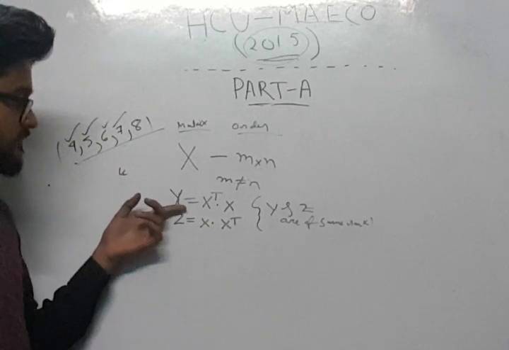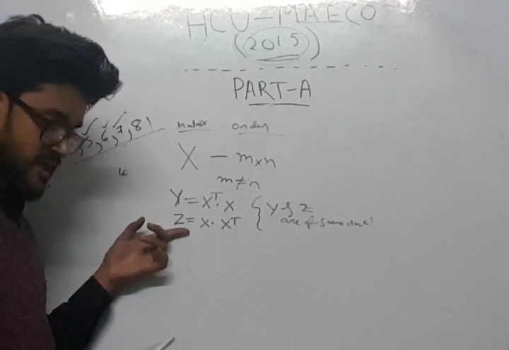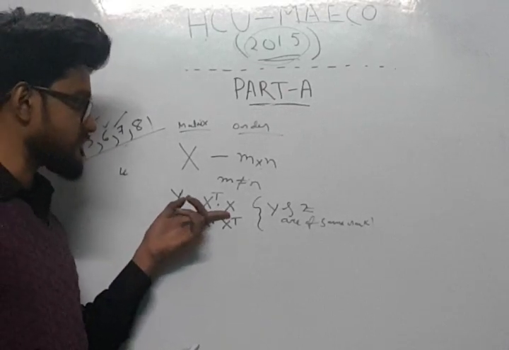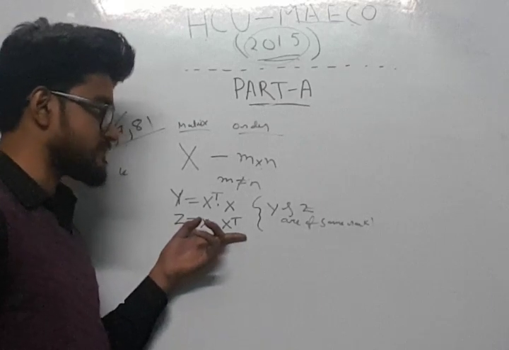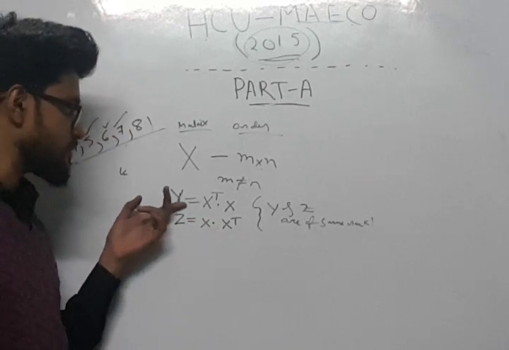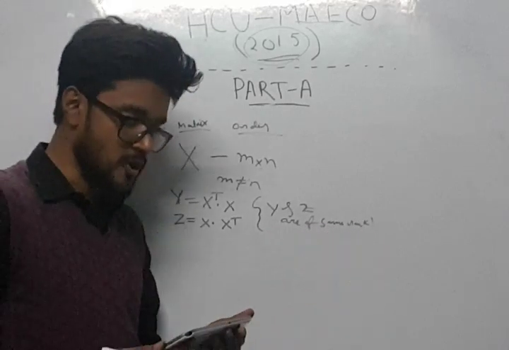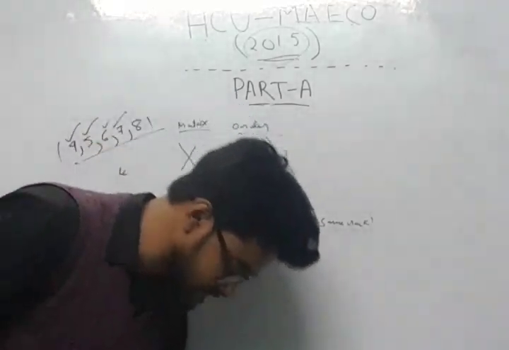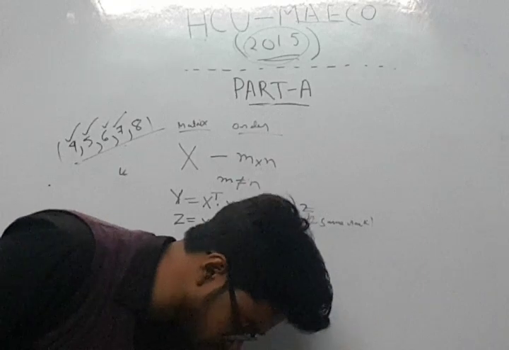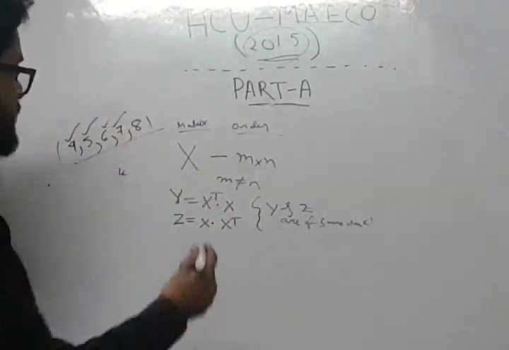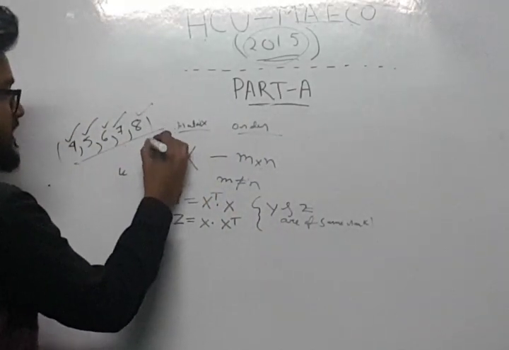Now in both Y and Z, there is the presence of X, which is a full rank matrix. So we conclude Y and Z are of the same rank. So it was option A. For question number 8, the right answer is option A.